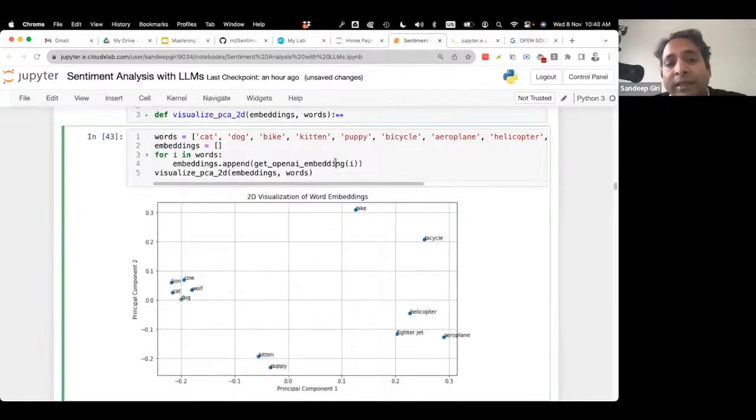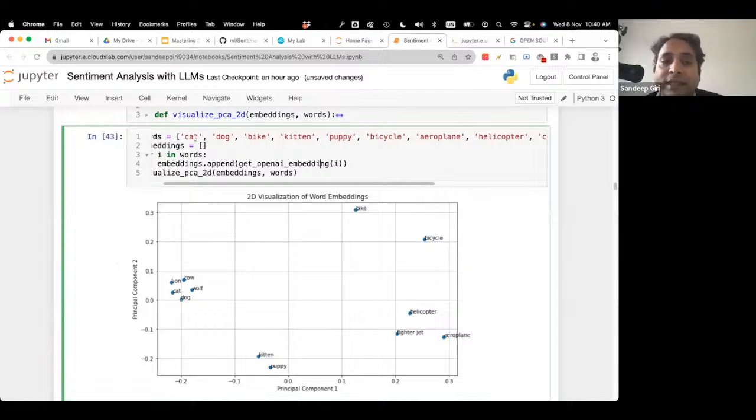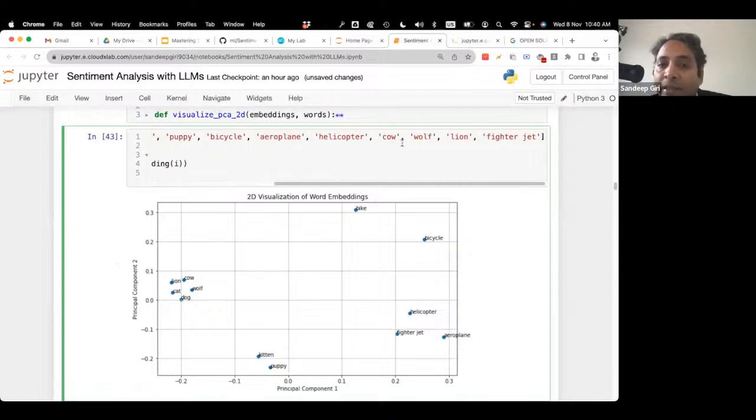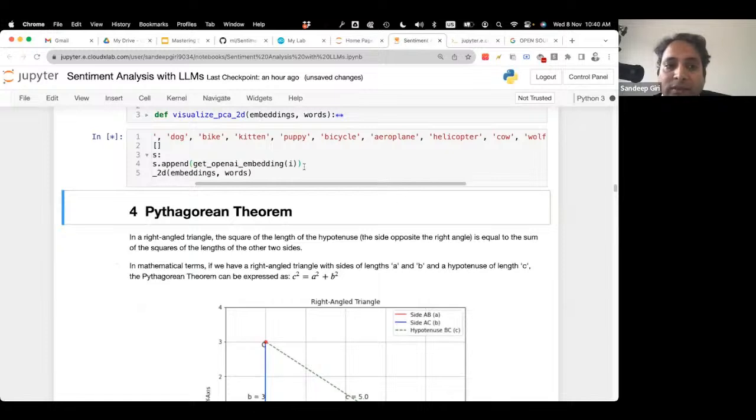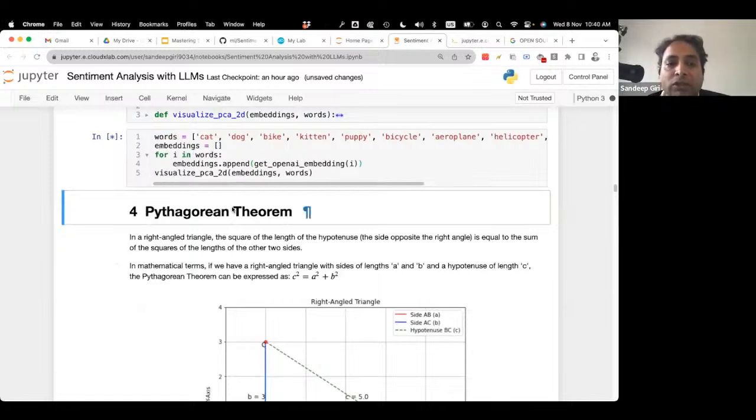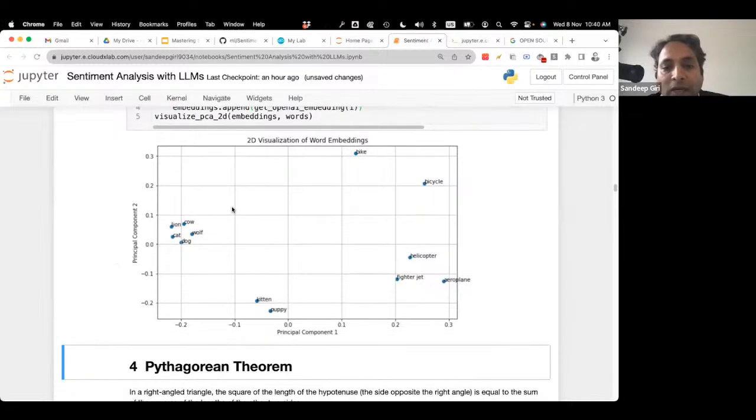So what we are doing here is we are visualizing cat, dog, bike, kitten, puppy, bicycle, aeroplane, cow, wolf, and then let's take a look. Here we are visualizing their embeddings.